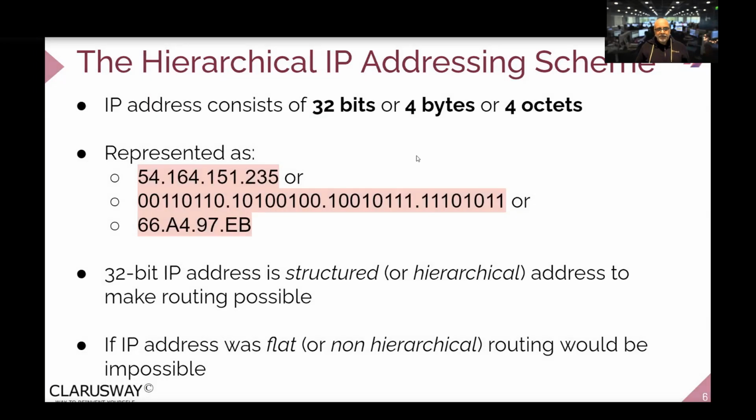So an IP address, which you're going to most often see look like this, 54.164.151.235. Okay, so when I look at that address, this is an IP address here. It consists of 32 bits. Okay, how do I know that?